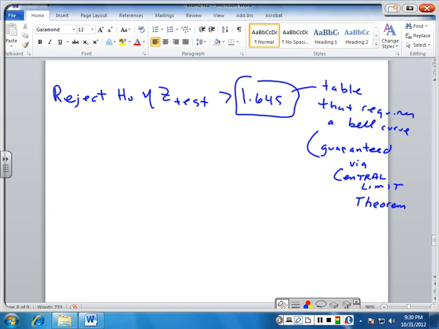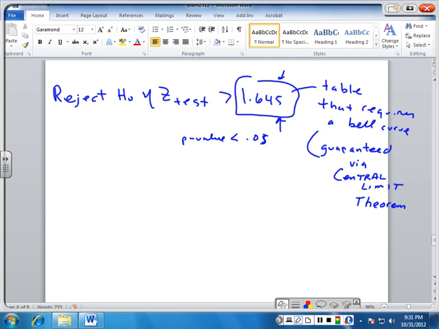So because we have the central limit theorem, we can have critical values that we look up in a table. By the way, I'm not going to put it in here, but when we say reject if p-value is less than 0.05, that occurs at the same point as that 1.645. So the central limit theorem also helps us define that cutoff value for the p-value.